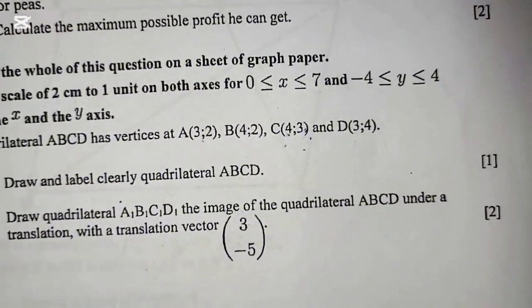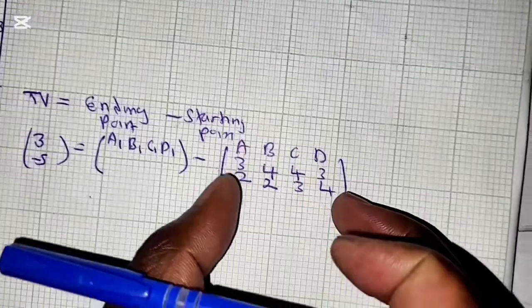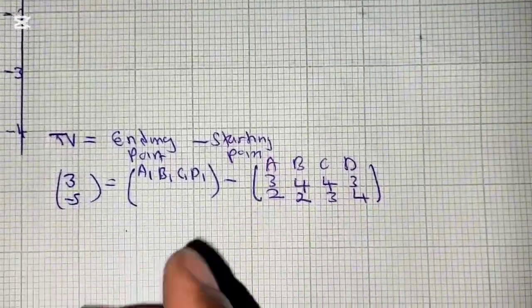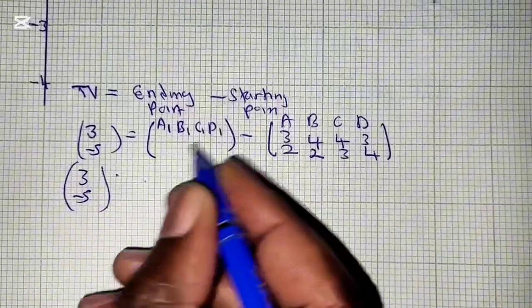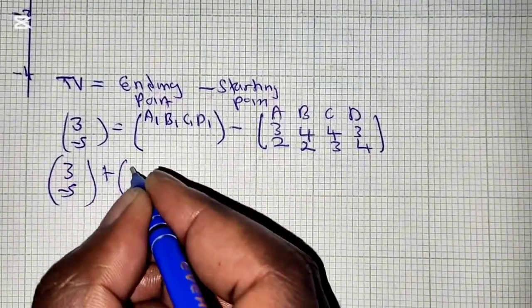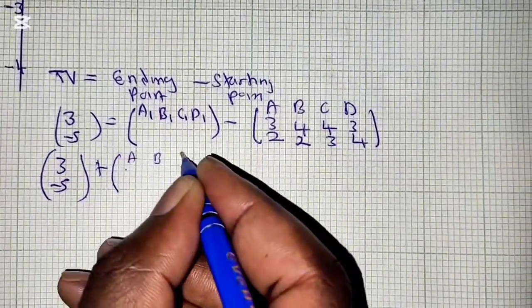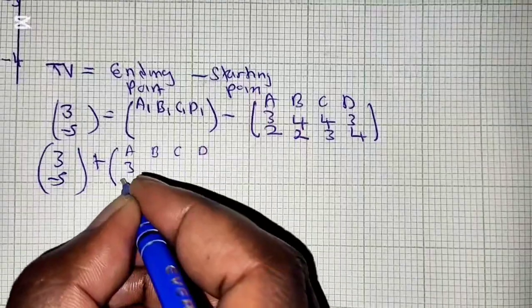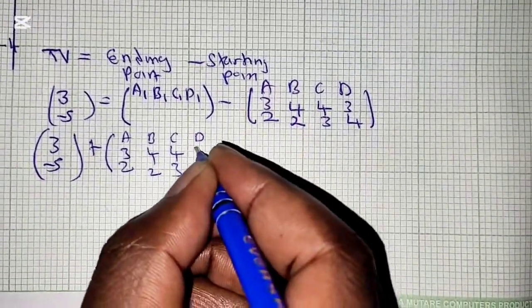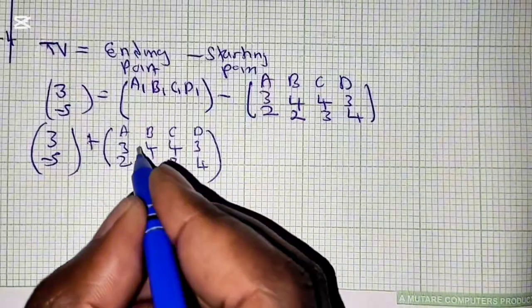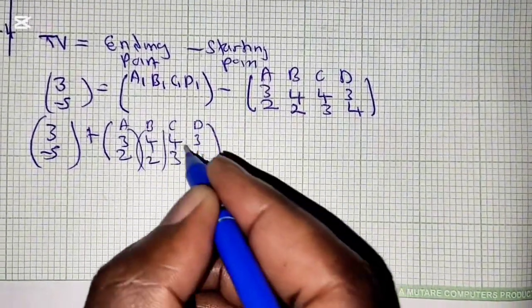Okay, so let's make A1, B1, C1 the subject of the formula. Let's bring all these coordinates to this side. So 3, negative 5. It will be positive. That's A, B, C, and D. So that's 3, 2. That's 4, 2. That's 4, 3. 3 and 4. Okay, so we're going to add.